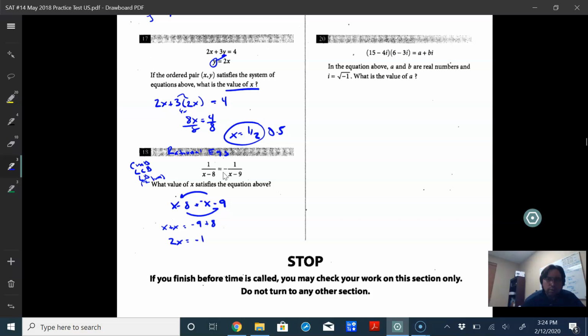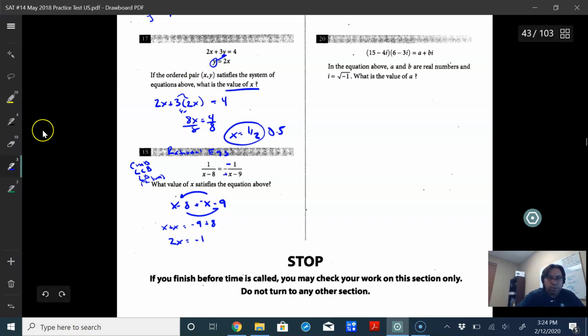I should not be having a negative value here. Let me see, what is going on with this one? Okay, so I made the mistake, I apologize.